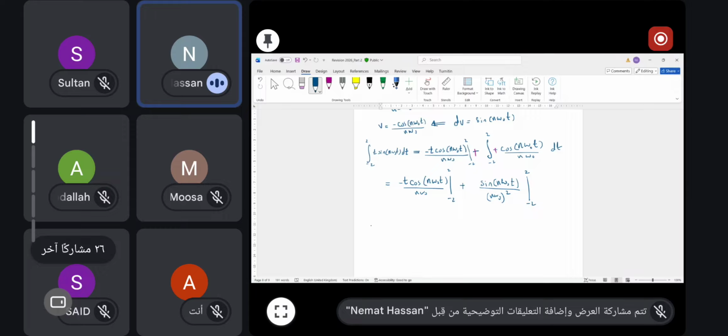So I'm going to do it one by one. Let's start with the first term and substitute. We obviously will substitute in place of our variable, which is t. So it will become, and also I have a t here, minus 2 cosine n omega naught 2 over n omega naught.